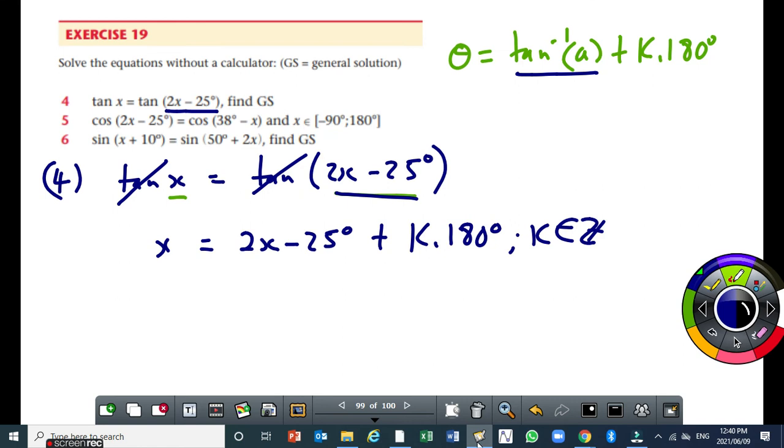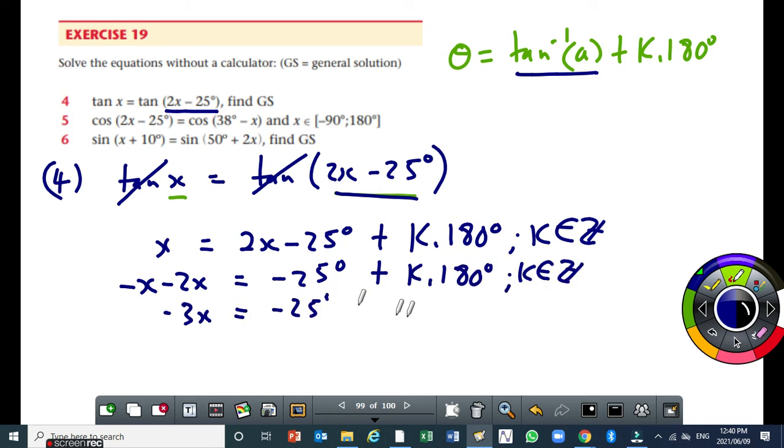If we solve this, we take the 2x to the left, we get x minus 2x equal to minus 25 degrees plus k times 180, where k is an integer. And this will give us minus 3x equal to minus 25 plus k times 180 degrees, where k is an integer.